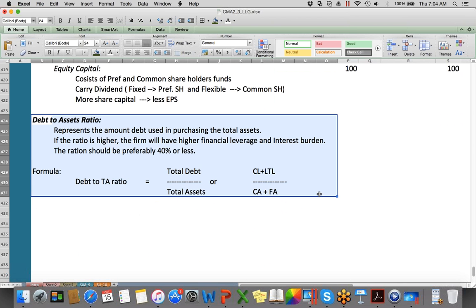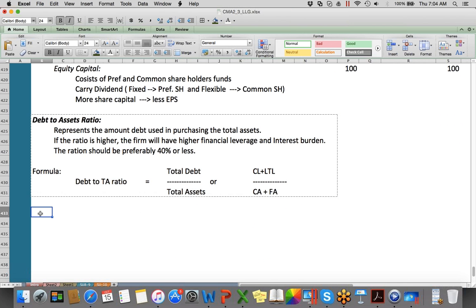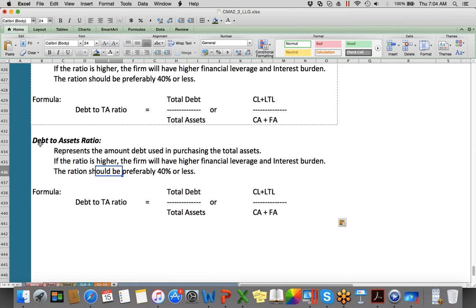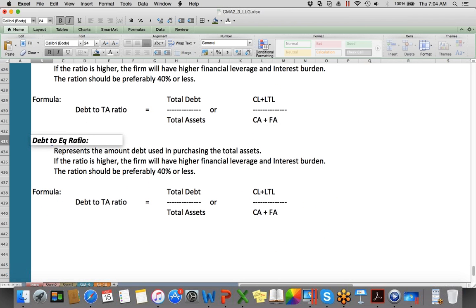We have one more ratio called the debt to equity ratio. The debt to equity ratio represents the relationship between debt and equity. It explains the relationship between debt capital and equity capital.